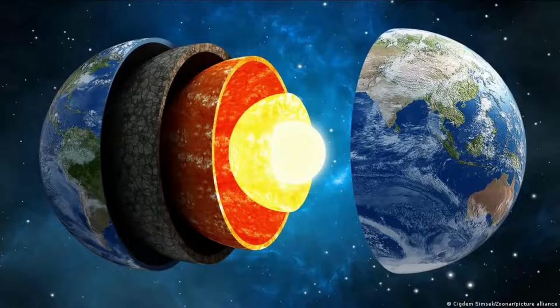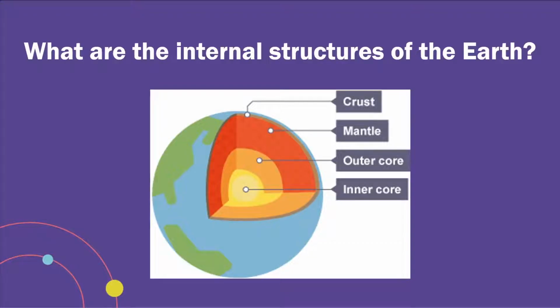Okay, let's go. What are the internal structures of the earth? Okay, first of all, we live on the crust that is a very thin layer of rocks actually, and then we go deeper. There's a mantle and outer core and also inner core.